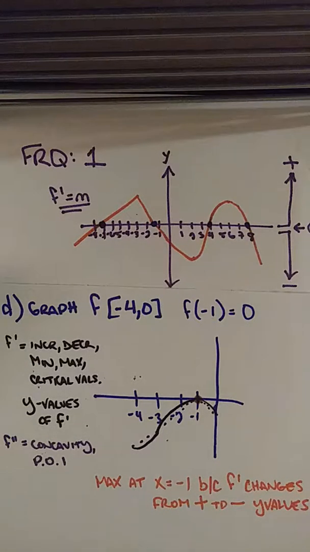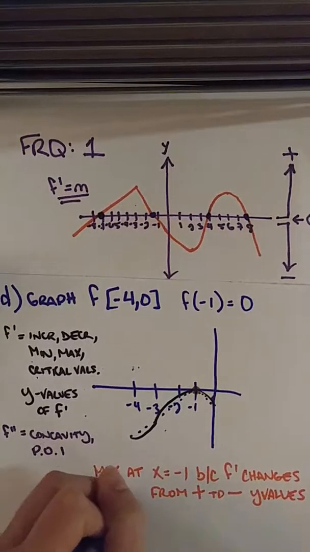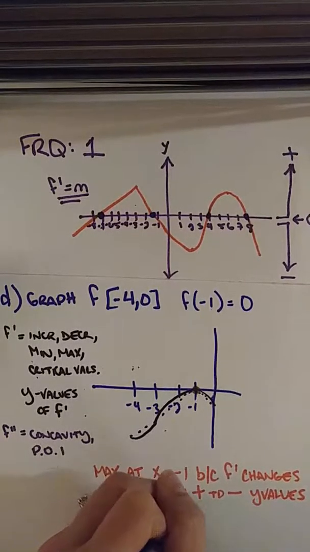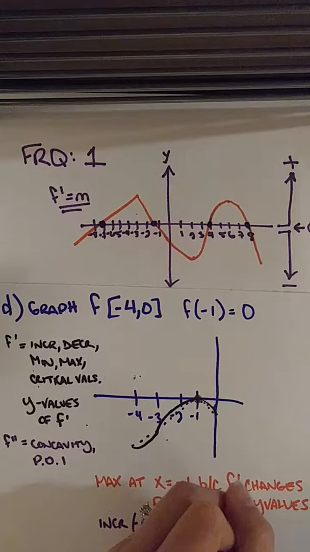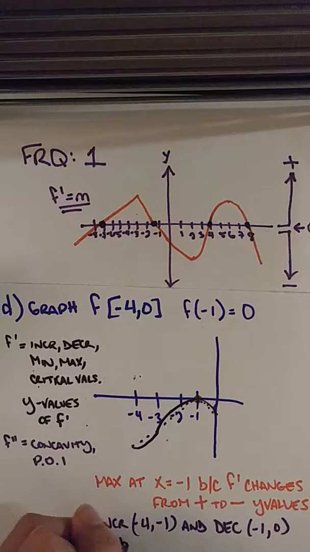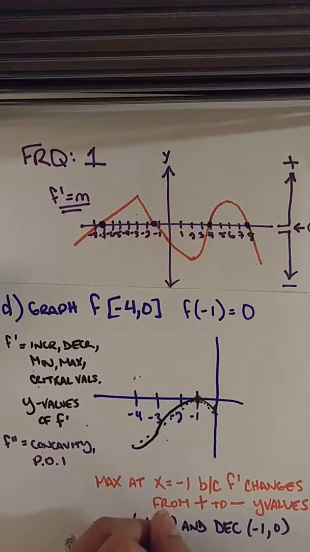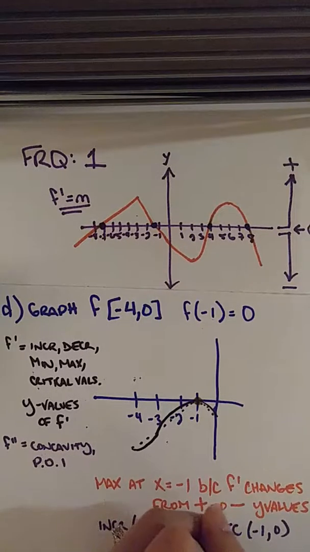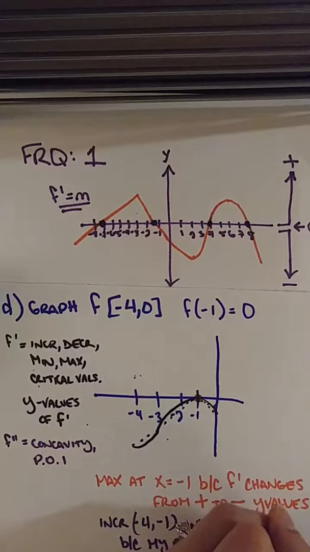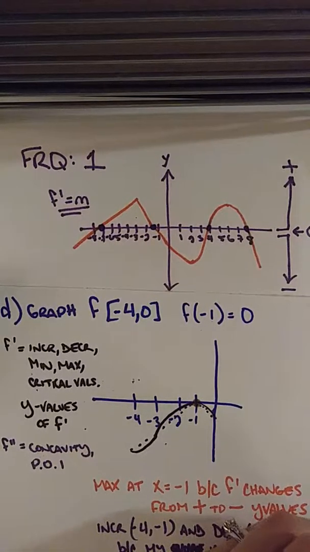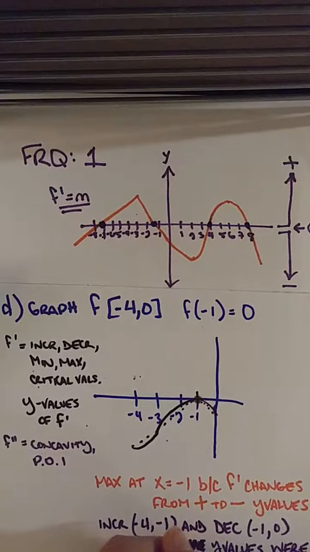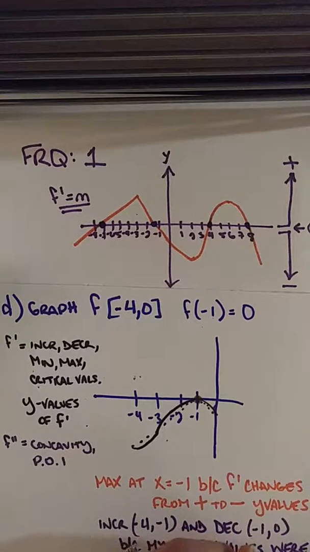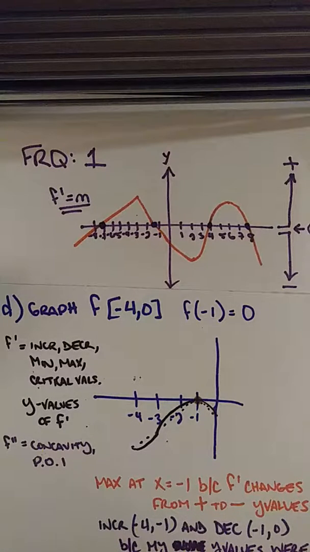I can also say that I know I am increasing from -4 to -1 and decreasing from -1 to 0 because my y values were positive and negative, I'm just going to write respectively, which means that my positive was where I was increasing and my negative was where I was decreasing.